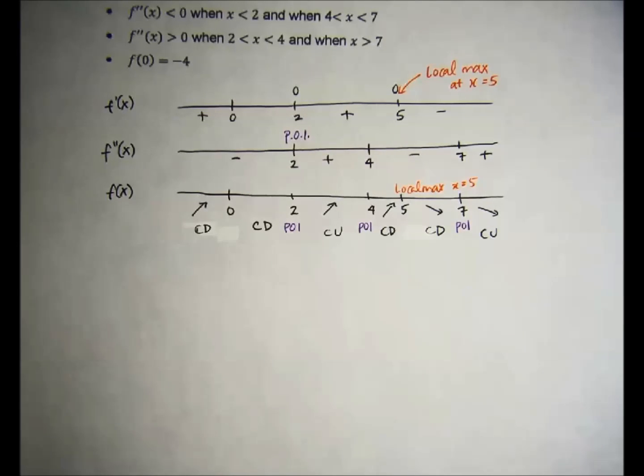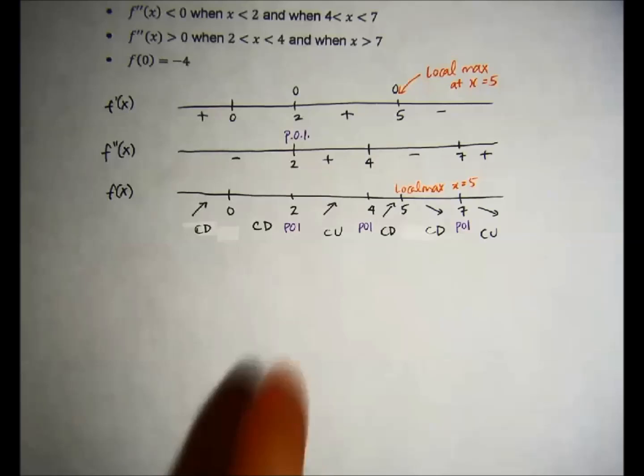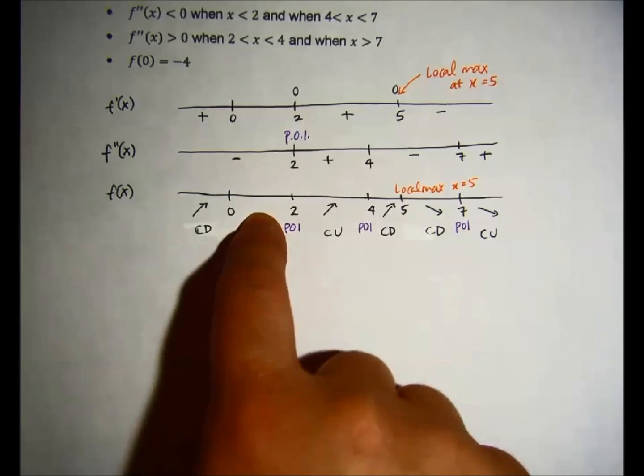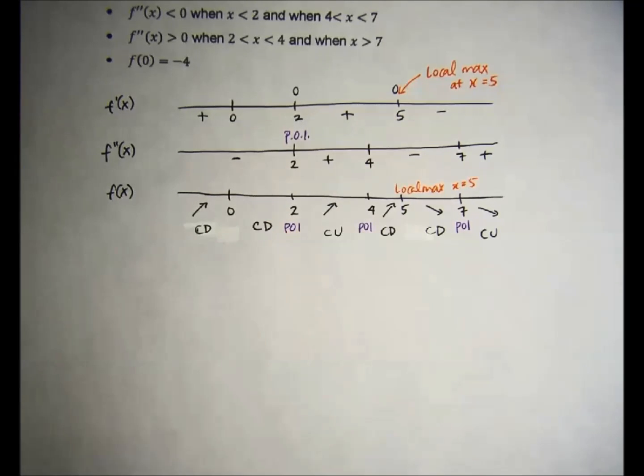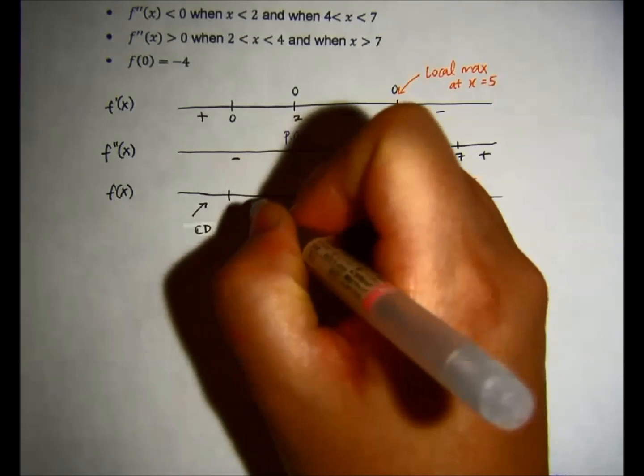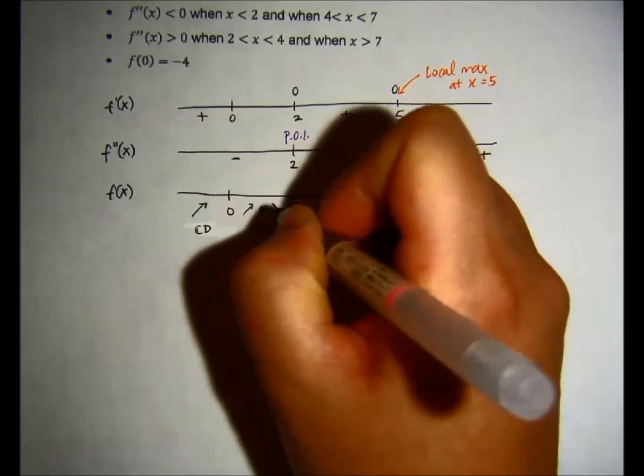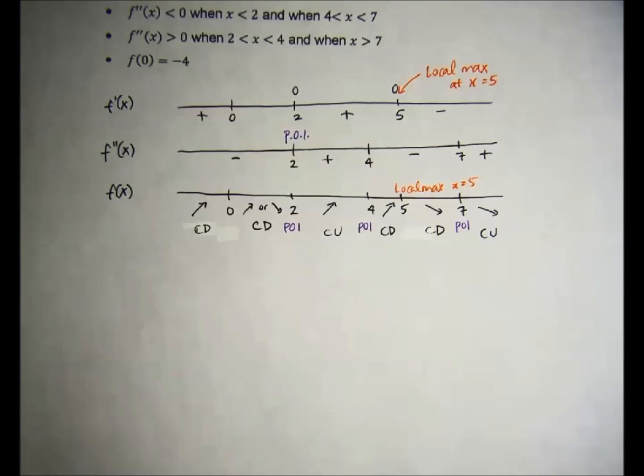Okay. Going back to what this interval is, we don't know because it wasn't specified. So really, you have the option here of either having the function increase or decrease. So the sketch can look one of two ways.